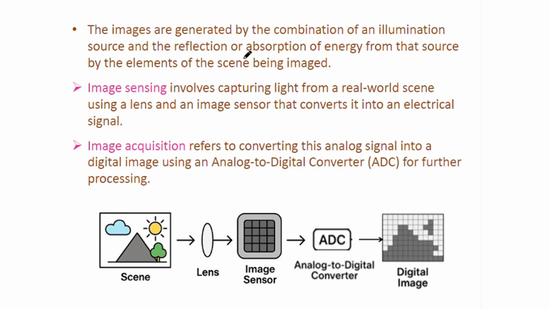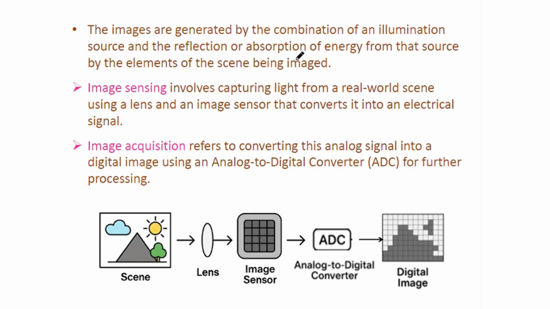To generate an image, you have to illuminate the object using an illuminating energy, and then the object will absorb some amount of energy and the remaining energy gets reflected. With that reflected energy only, you can generate the image.